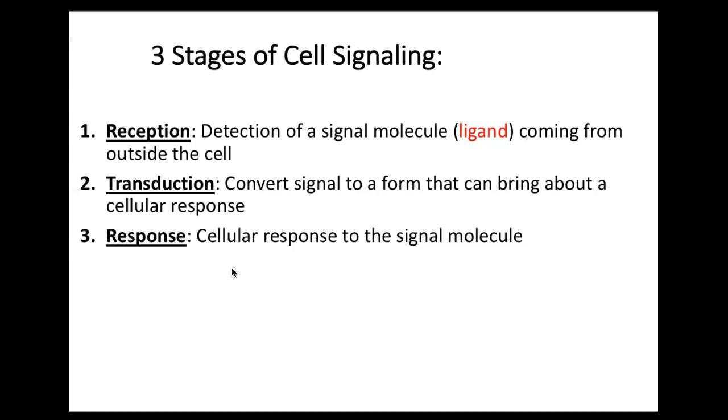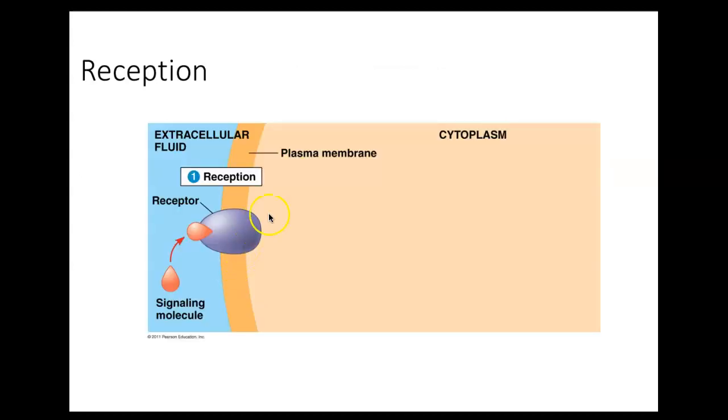And so how does cell signaling relate to the cell membrane? We have our plasma membrane right here. If we have a ligand that is hydrophilic or water soluble, like insulin or growth hormone, then it's going to need a receptor that's embedded within the cell membrane. You notice that you have your receptor right here.